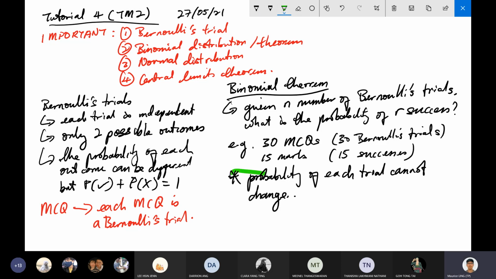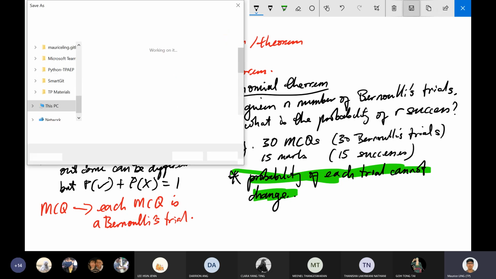In fact, I better highlight this. It relates to question 1 part B. So with that, we have covered Bernoulli's trial in itself. Let's look at the binomial distribution or binomial theorem on its own.